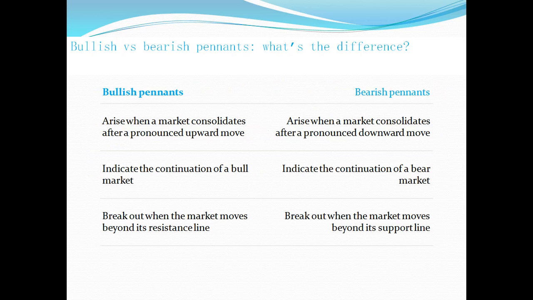You must know. So, bullish pennant, bearish pennant. A bullish pennant arises when the market consolidates after a pronounced upward move. Vice versa, a bearish pennant arises when the market consolidates after a pronounced downtrend move.